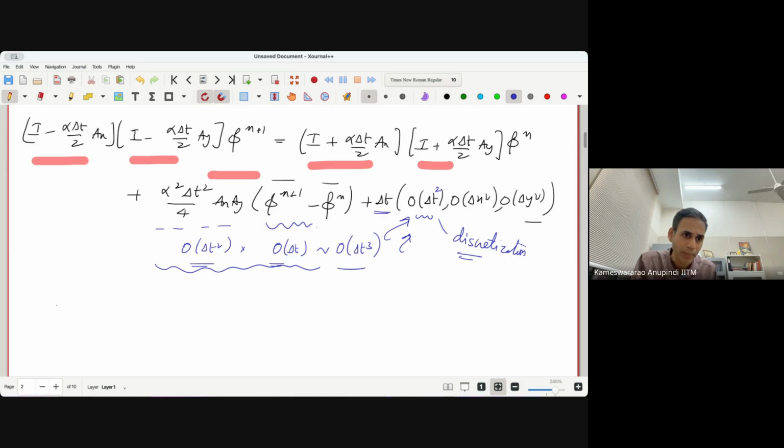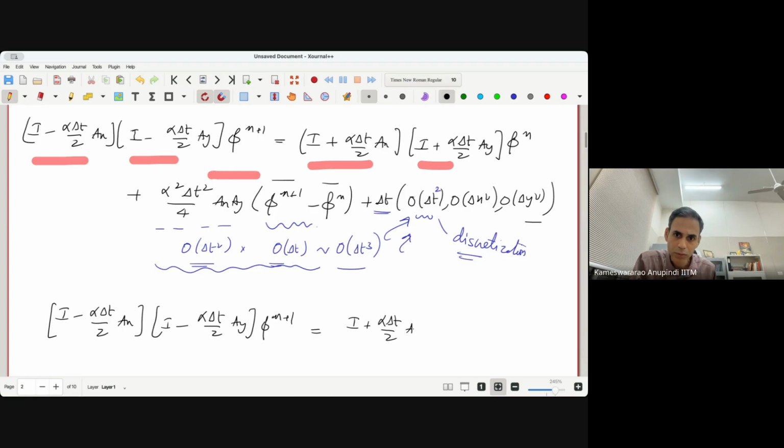So now our equation is I minus alpha delta t by 2 ax times I minus alpha delta t by 2 times ay phi n plus 1 equals I plus alpha delta t by 2 ax times I plus alpha delta t by 2 ay times phi n.